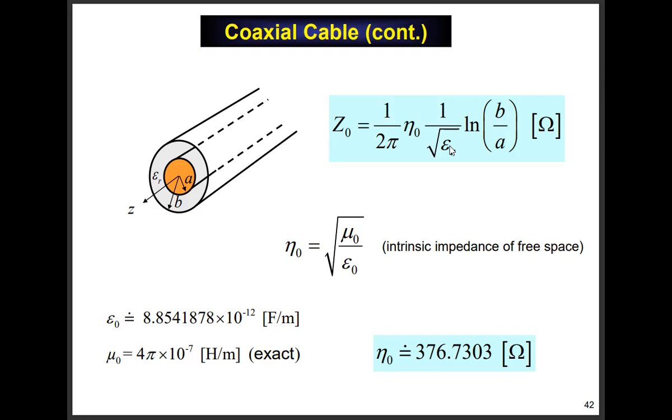Right? Now, it's really the ratio of dimensions that's important. Okay. So if I take a small coax with a certain A and B, and I take a much bigger coax where A and B are both 10 times larger, have I changed the characteristic impedance?